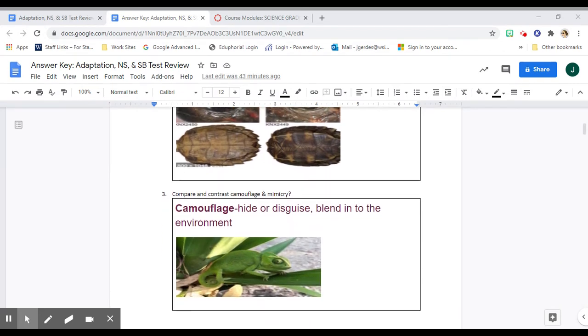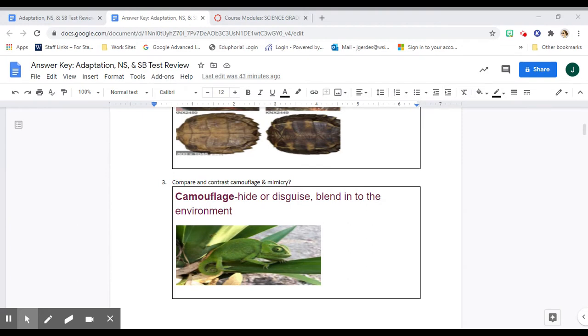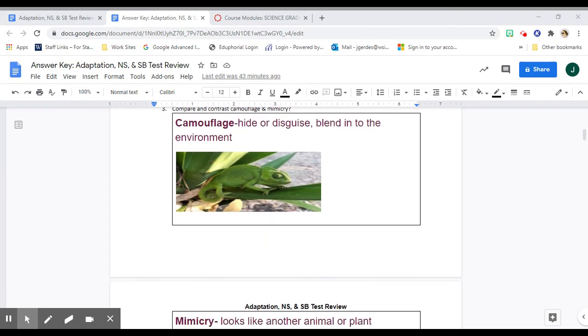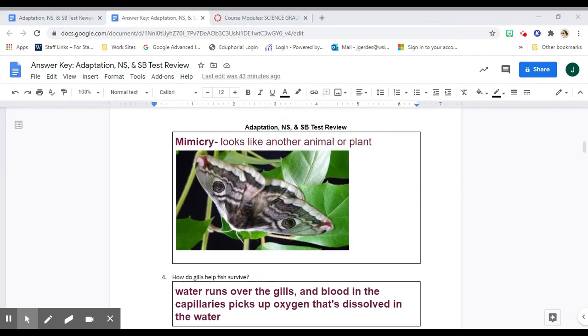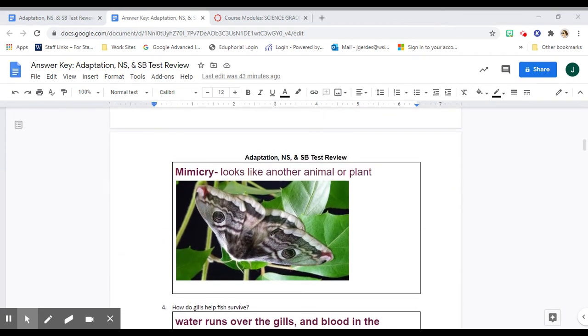Compare and contrast camouflage and mimicry. Camouflage is to hide or disguise, blend in with the environment. That is the key there. So it's the blending in with the environment. It's going to look very similar. And I included a picture of a lizard that you can hardly see hidden in the plants. But mimicry is it's looking like another animal or plant.